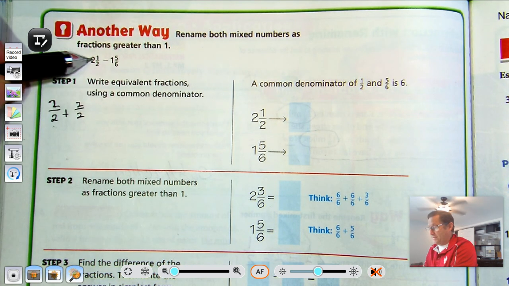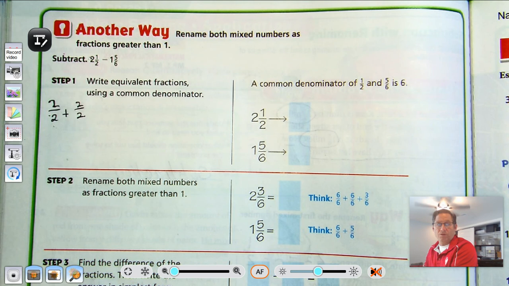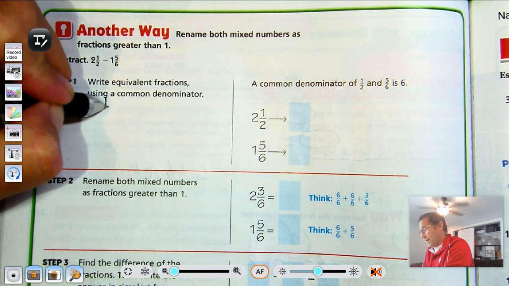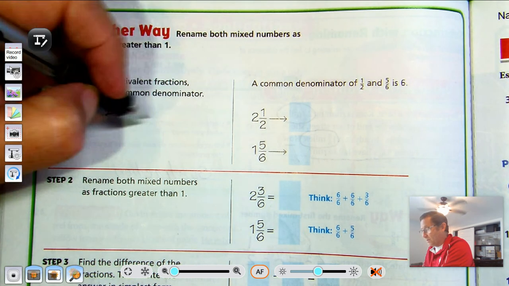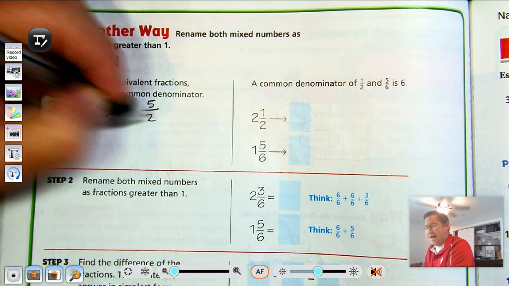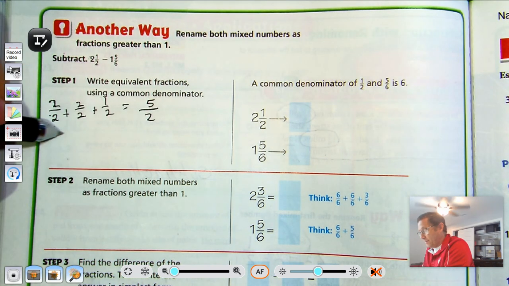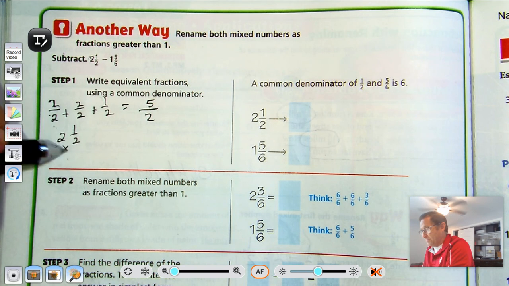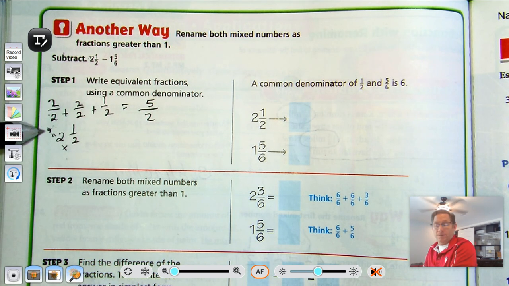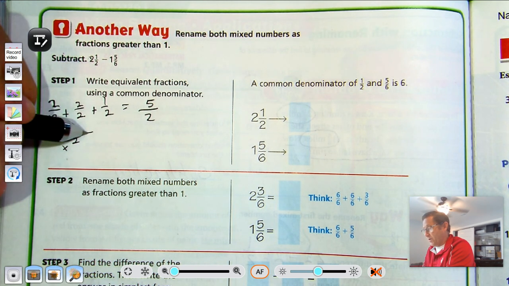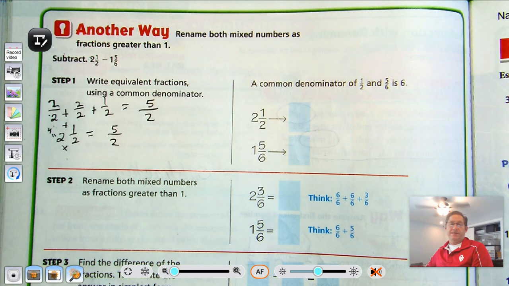So 2 is equal to 2 halves plus 2 halves, 1 plus 1, plus 1/2. So that would be 5 halves. Or I can do 2 times 2 equals 4, plus the numerator equals 5/2.